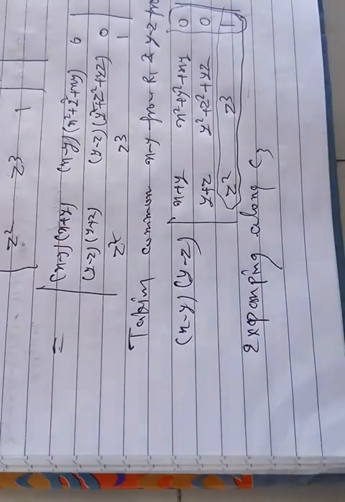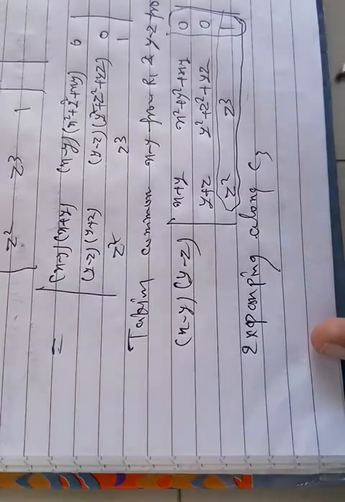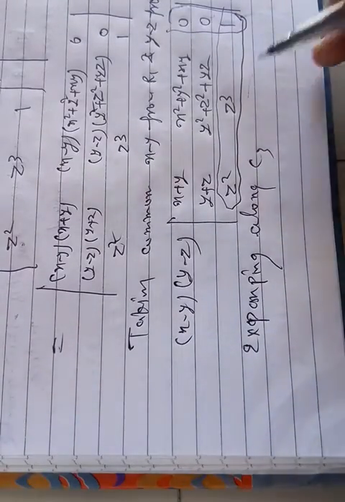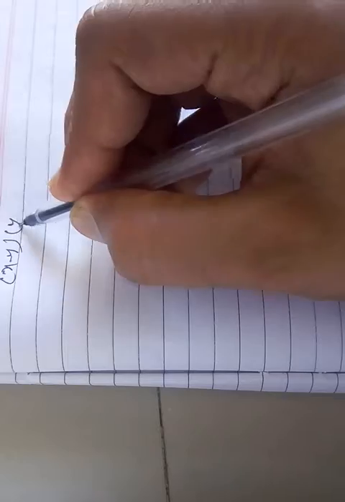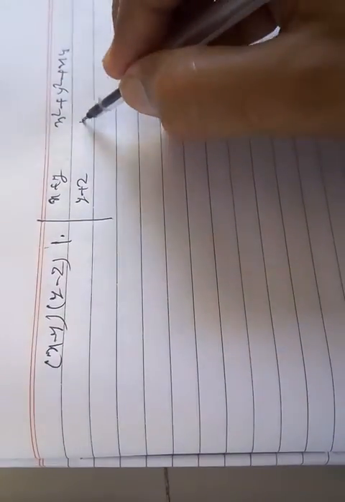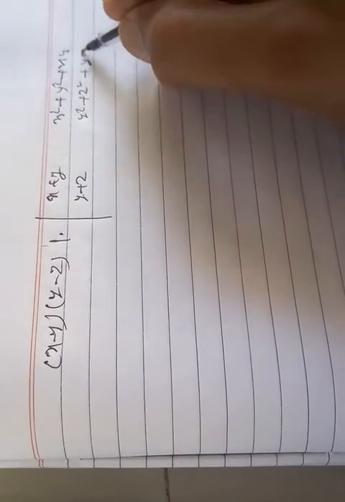Expanding along the column or row with more zeros is called expanding by the factor. So that is x minus y and y minus z, this 1 into determinant: x plus y, x square plus y square plus xy; y plus z, y square plus z square plus yz.